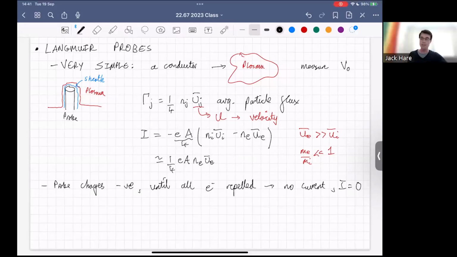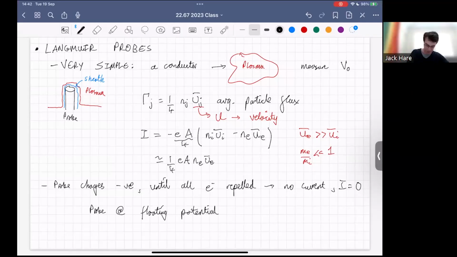By the time that the probe has reached a situation where there's no total current, we say that the probe has reached a potential which we call the floating potential. It's called the floating potential because if we just stick the probe in the plasma, we don't try to bias it at all, and we just let its potential adjust until it reaches this I equals 0 level, it will reach some potential. We've just let it float to that potential.